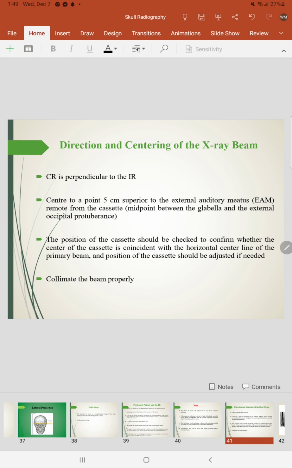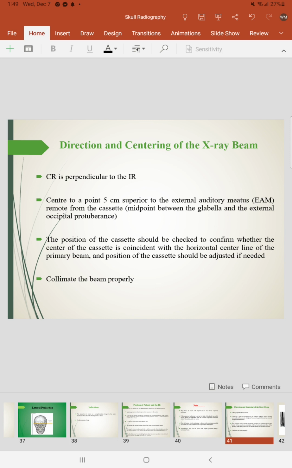This is the midpoint between the glabella and the external occipital protuberance. Otherwise, you can say it as centered to a point 5 cm superior to the external auditory meatus.